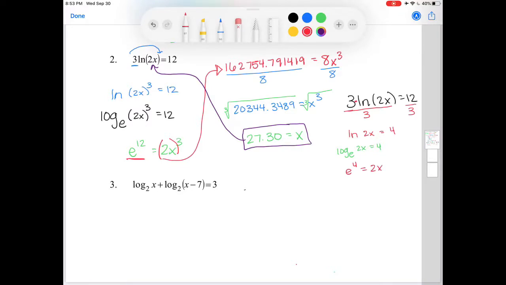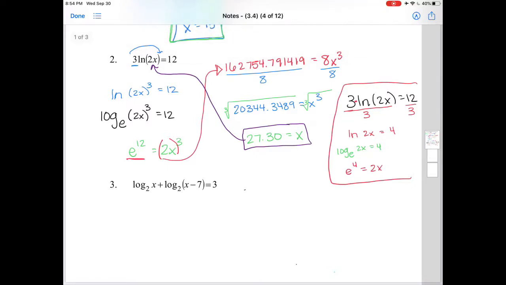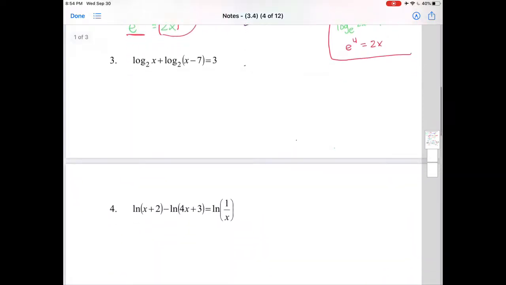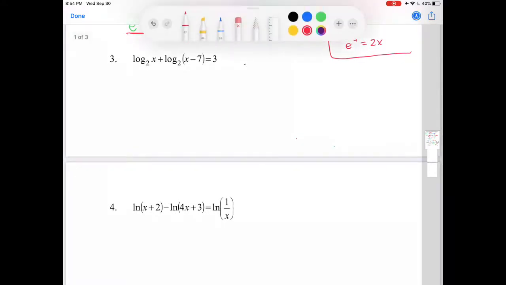Using my calculator, finding e to the 4th, whatever that value was, dividing by 2, and then I would have the same exact x value. So the initial problem that I did was probably the longer version. This one's probably the shorter version. It just depends on how you want to get rid of that 3 at the beginning. Either way is fine. Honestly, it's just the longer version versus the shorter version. Okay.